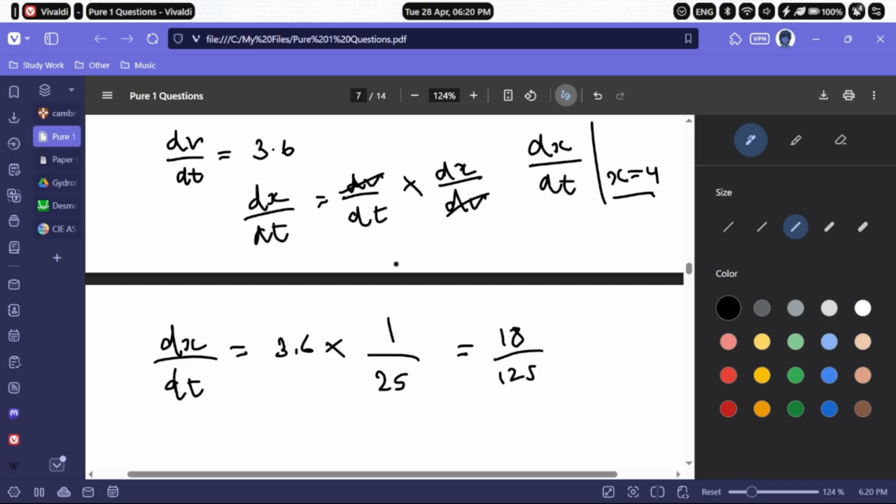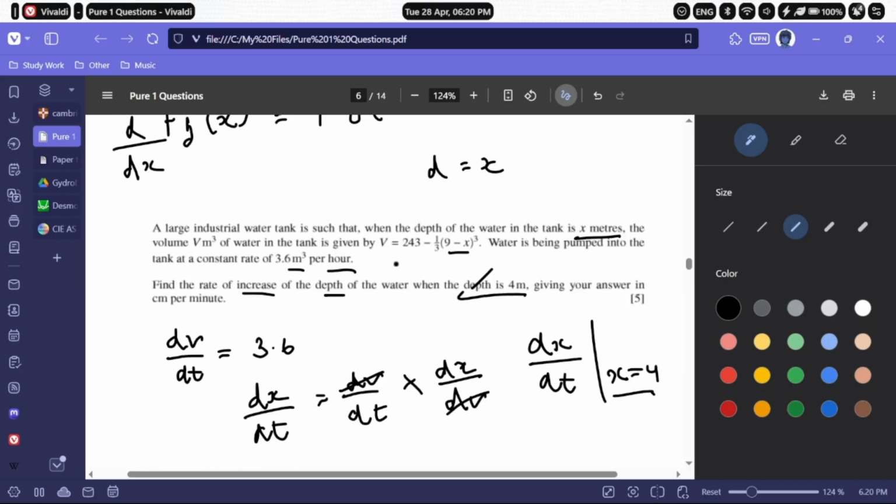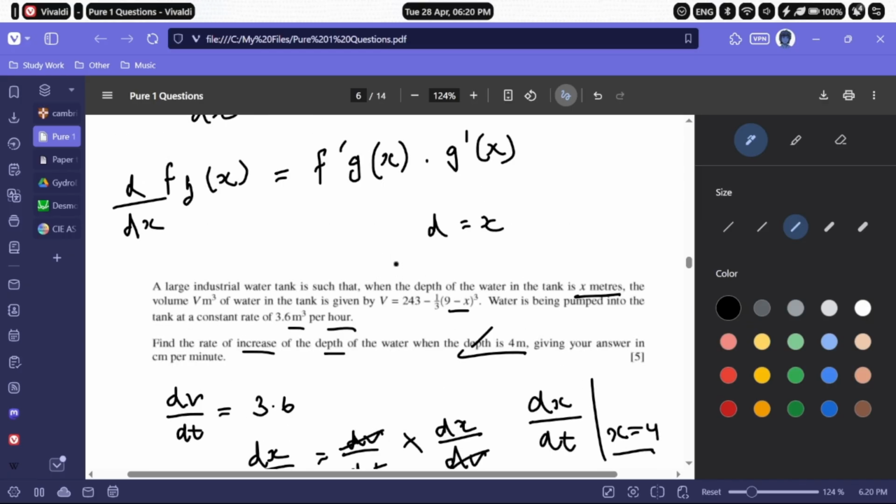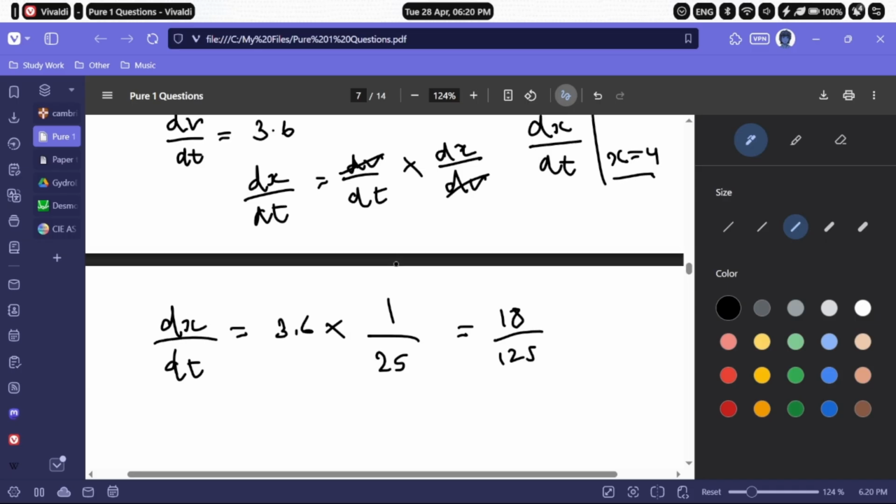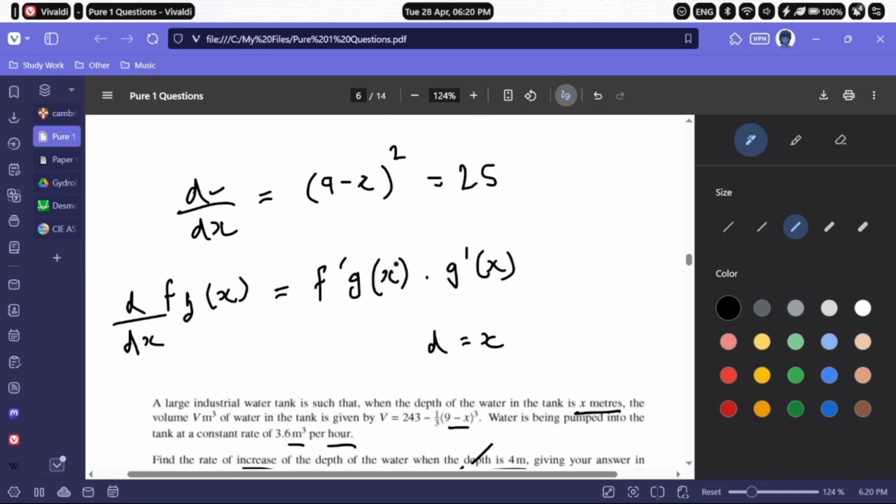Now, another thing is that for these types of questions, the units are really important. Wait, what do you mean? I did not get you. No, that's the thing. It's not equal to minus 1 over 25 because remember that your inner function is 9 minus x. The derivative of that would be minus 1, right?